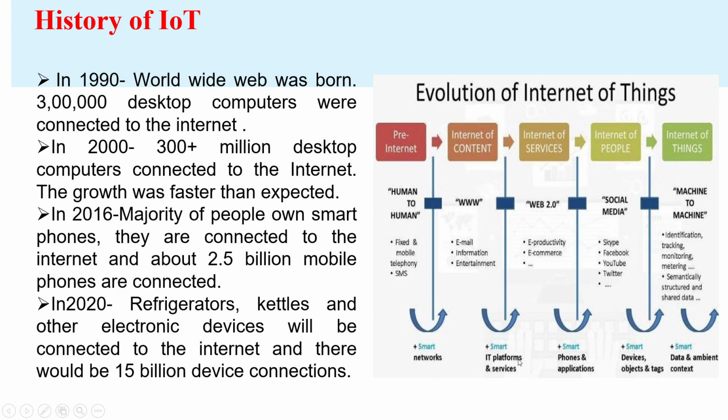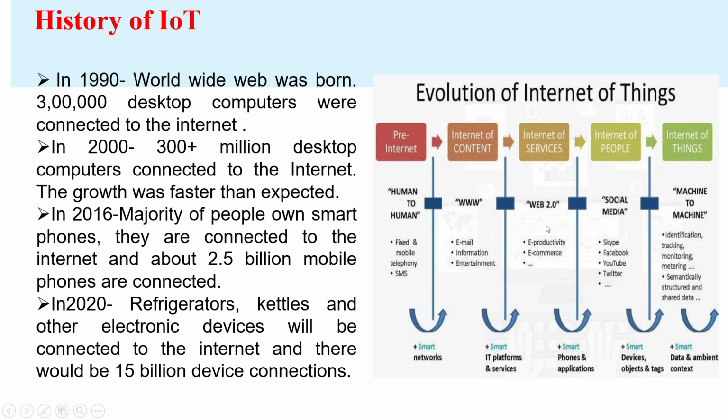Yes, this is the complete history of IoT. In earlier days, firstly it used to be human to human connection, nothing but fixed and mobile telephony like SMS and all. Then the World Wide Web was introduced, and email, information, entertainment and all those were introduced.